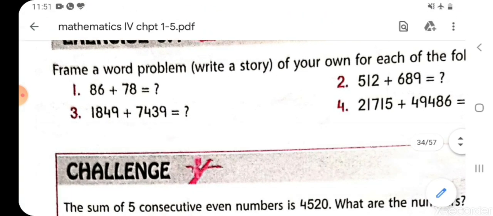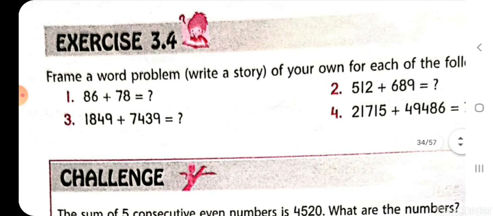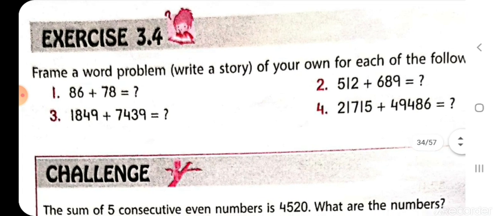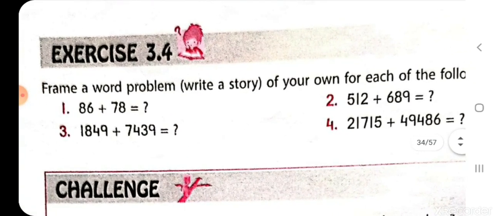Very simple one. We have already done this kind of sums in our previous classes. 3.4, frame a word problem, write a story. So here you have to write a story of your own for each of the following. As you can see, 4 sums are given and the values are given.